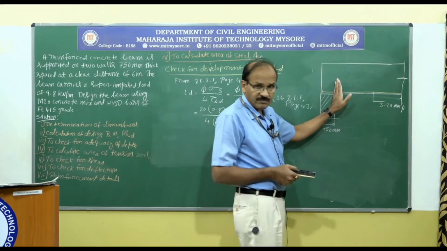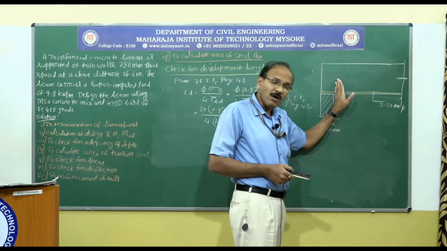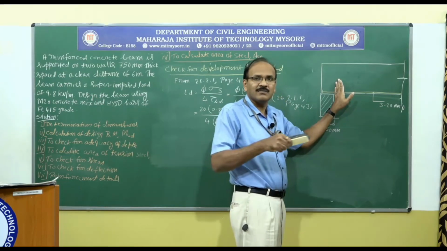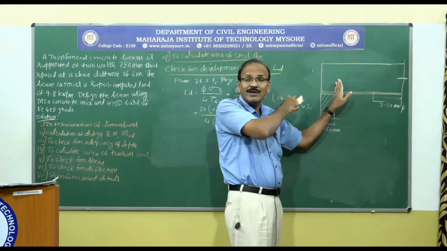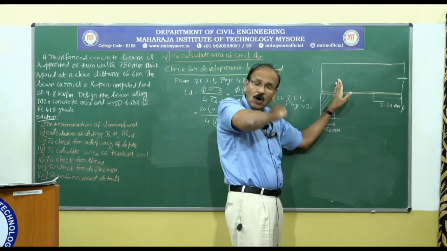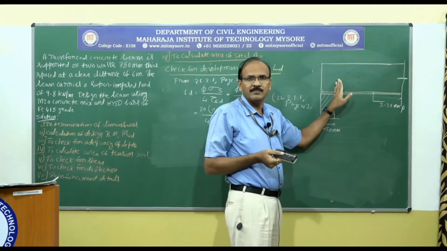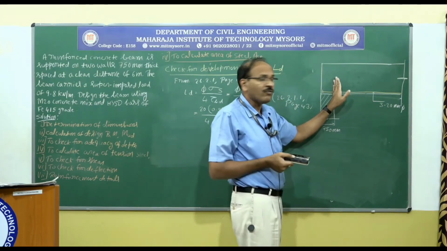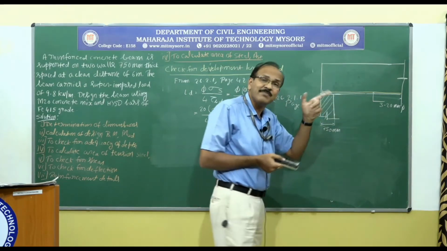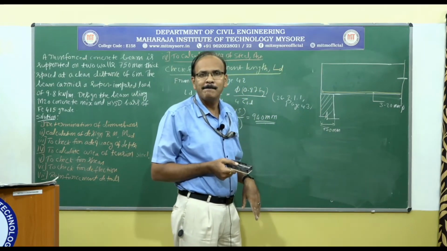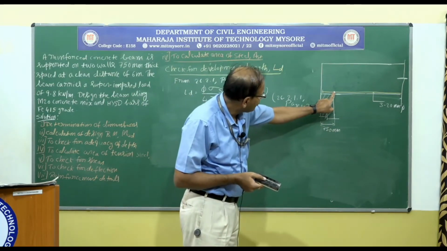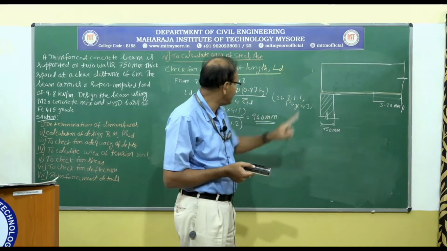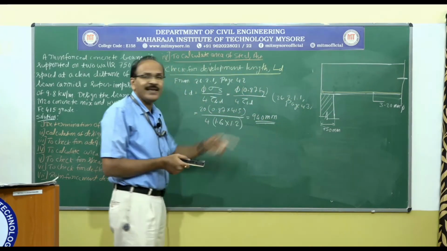So from the face of the support, the bars at least 1/3. Here I am not taking only 1/3. I am taking all the bars into the support. So that should be continued for a distance equal to LD/3. From here, it should be at least LD/3. So what is LD here?